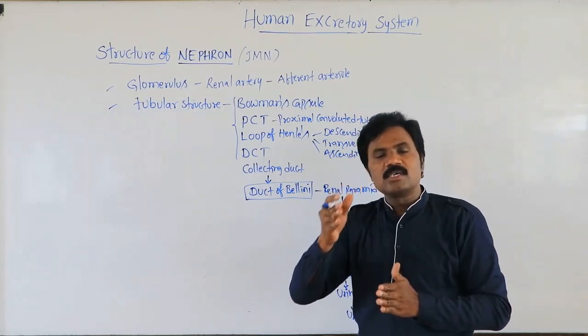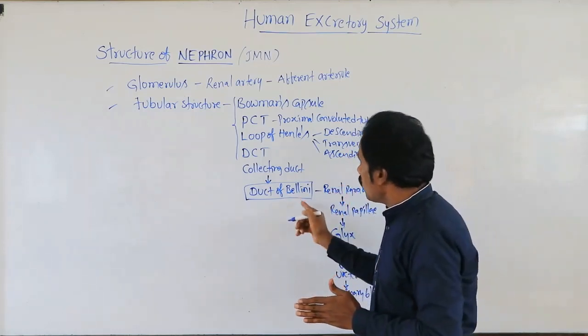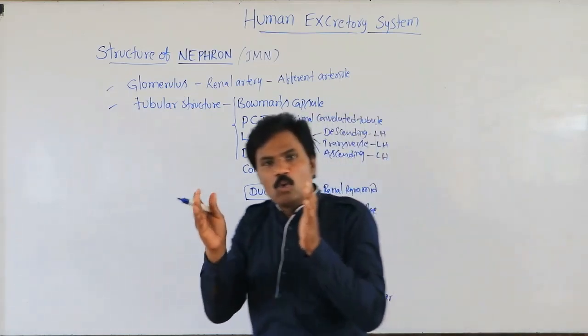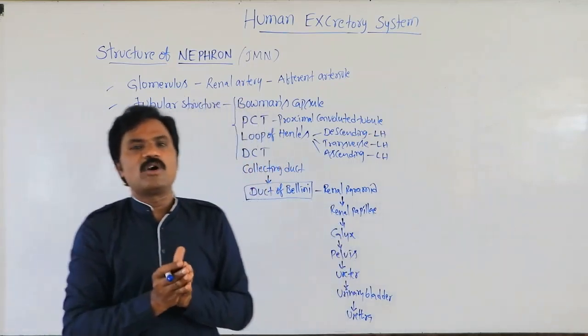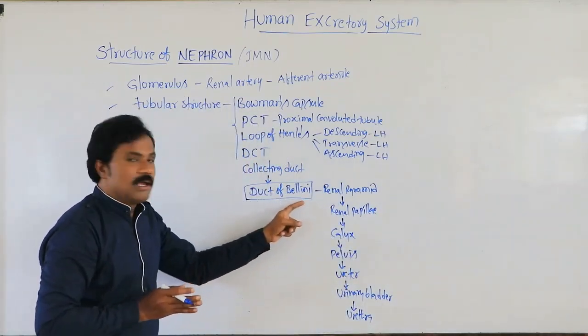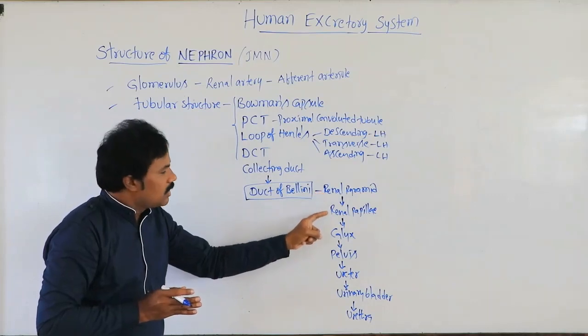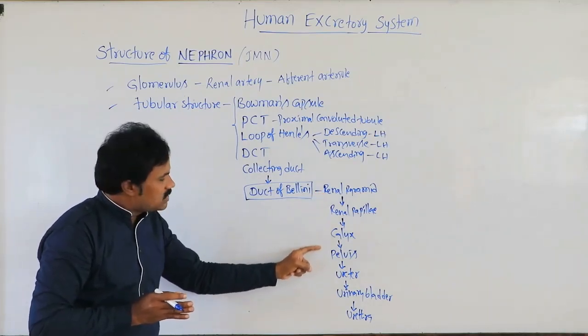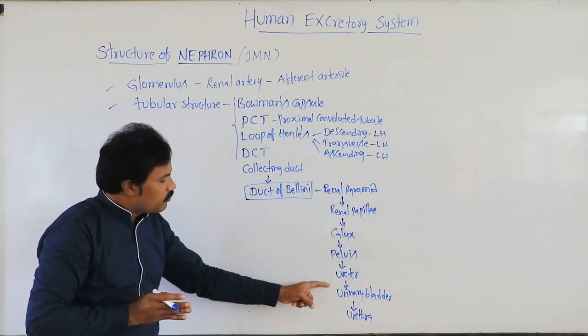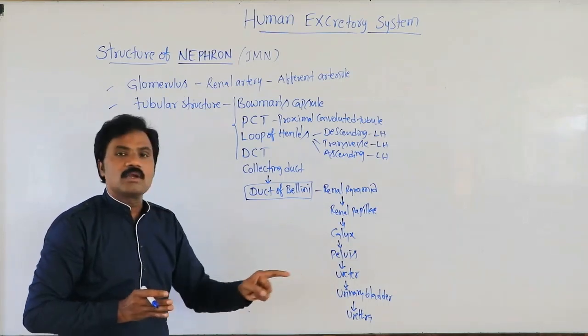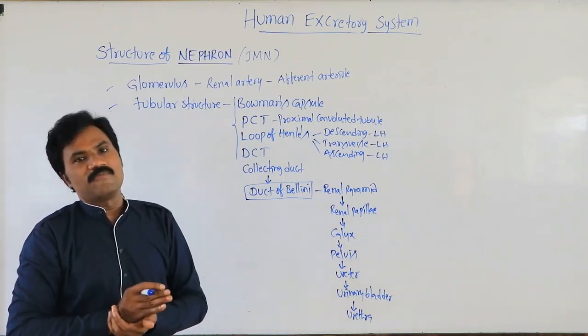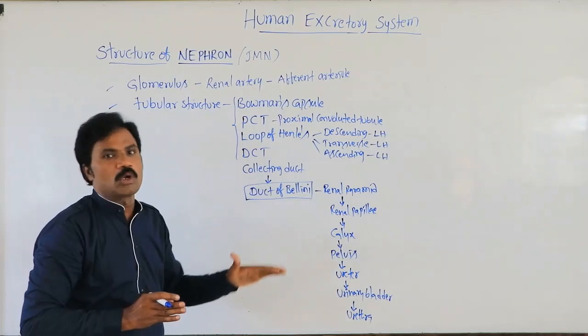But the duct of Bellini is formed from a group of collecting ducts, then renal pyramid, renal papillae, calyx, pelvis, ureter, urinary bladder, then urethra, then outside the body surface. That is the passage, that is the route.